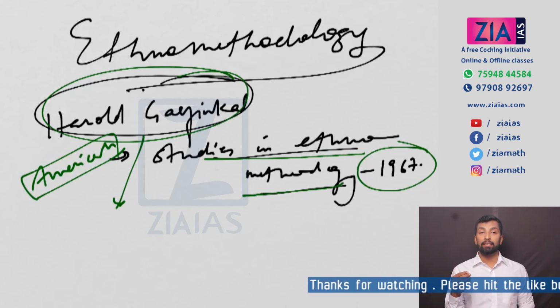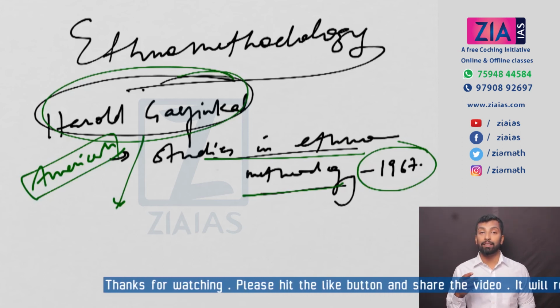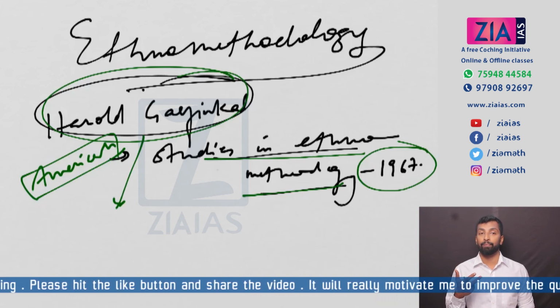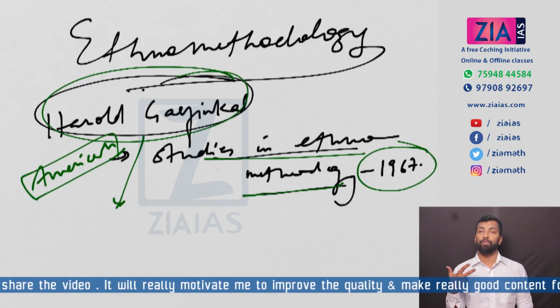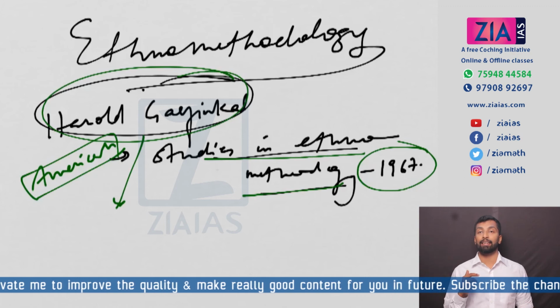Like the emphasis is on understanding the reality in terms of the methods or views used by people in their daily life. This approach has been developed by Harold Garfinkel that we have already discussed in his Studies of Ethnomethodology in 1967.